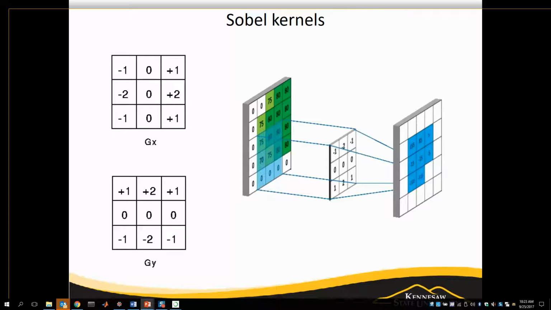If the Sobel value is positive with this kernel, which is the opposite of this kernel, by the way, if I use this kernel and the value is positive, that means it's dark on the top and bright on the bottom.